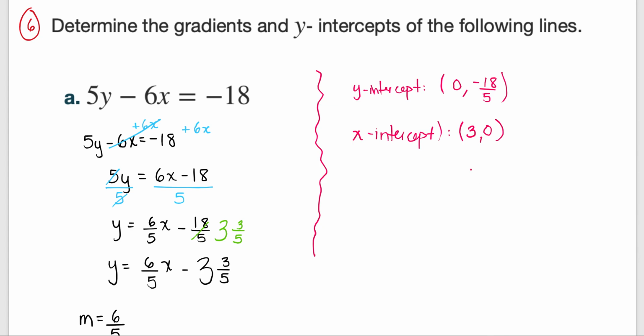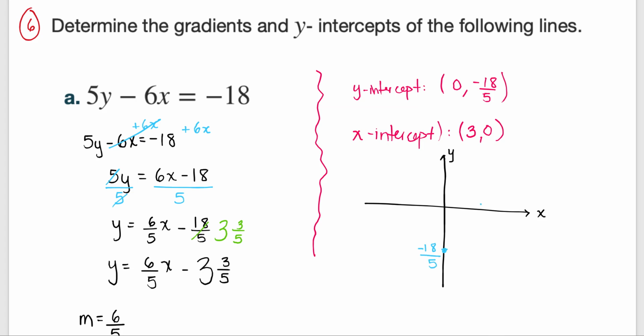So I'm going to sketch here. This is not a perfect graph. I just want you to follow my logic. If this is y and this is x, I know that my y-intercept is down here somewhere, where this one is negative 18/5.